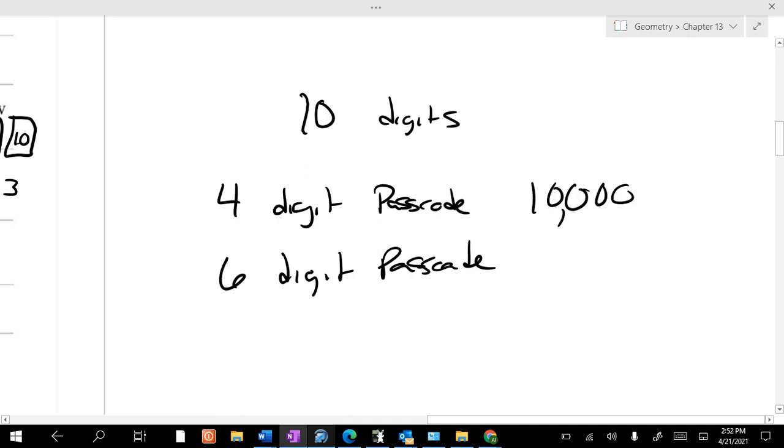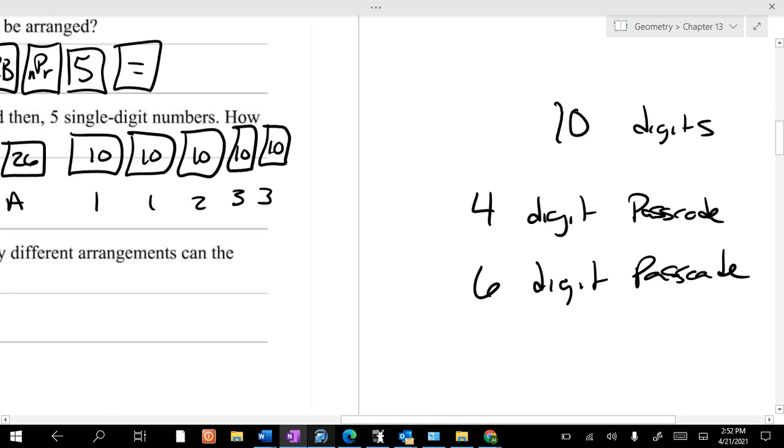But when they go to a 6-digit passcode, that's 1 in 1,000,000 if you're going to guess it at blind luck. And that's why they went to the 6-digit passcode, because it's tougher to guess.